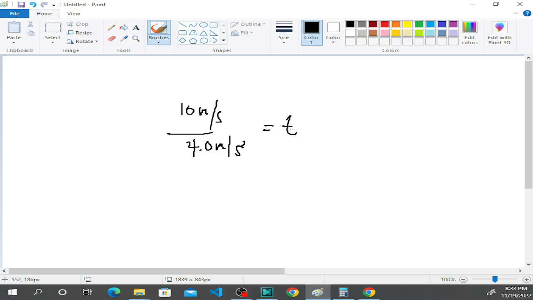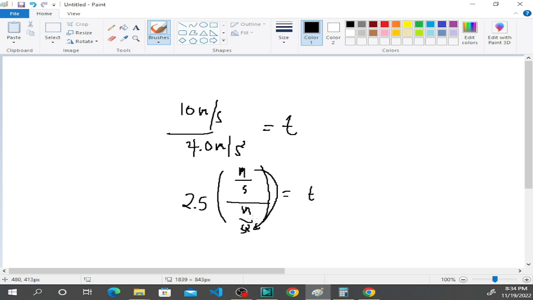The unit for time would be seconds, and dividing this gives 2.5. If you want to check the dimensional analysis, write the units: meters per second over meters per second squared.